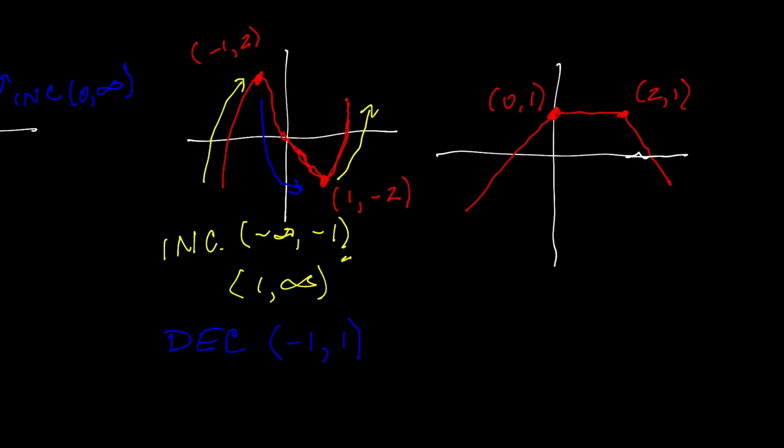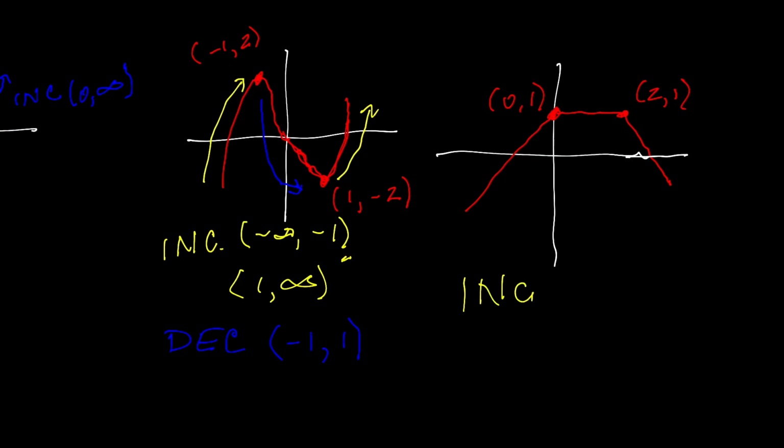from 2 to infinity. So 2 to infinity, remember, we're looking in the x direction. So from -infinity to 0, this graph is increasing. And then from 2 to +infinity, this graph is decreasing. So let's see, we've been doing increases in yellow.